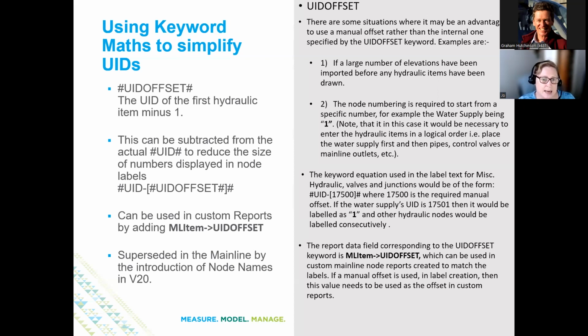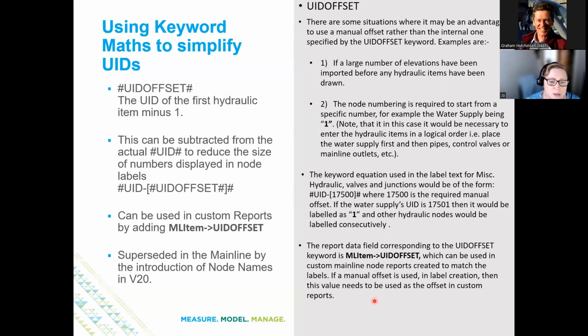So in this example, we have UID minus 17,500 because the water supply's UID is 17,501. So if we take off 17,500, then we end up with the external UID for the water supply to be 1, and we can label the hydraulic nodes consecutively from that first item or from that water supply.